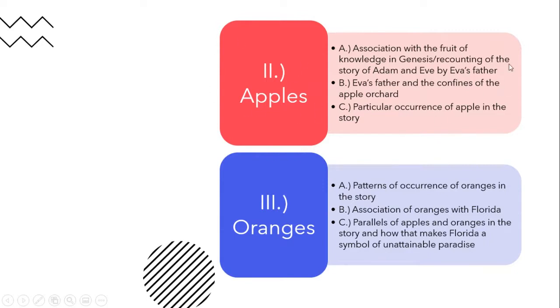You talk about the apples sort of exclusively, and then you talk about the oranges exclusively, and then you lead up into making the connections from the apples to the oranges, and how that creates larger and more complex symbolism and signification and representational value.